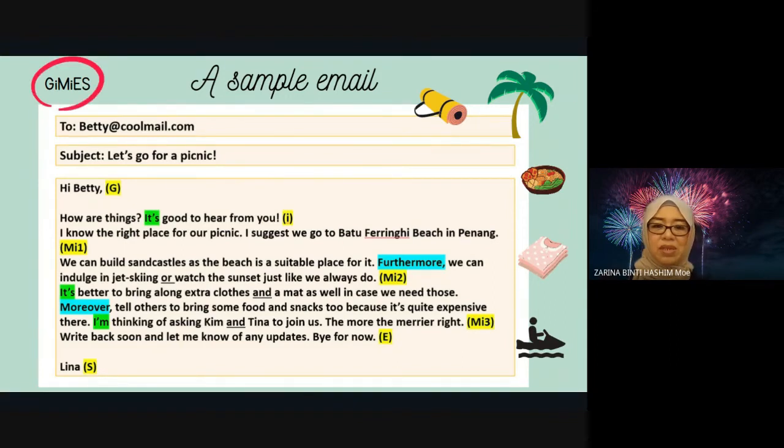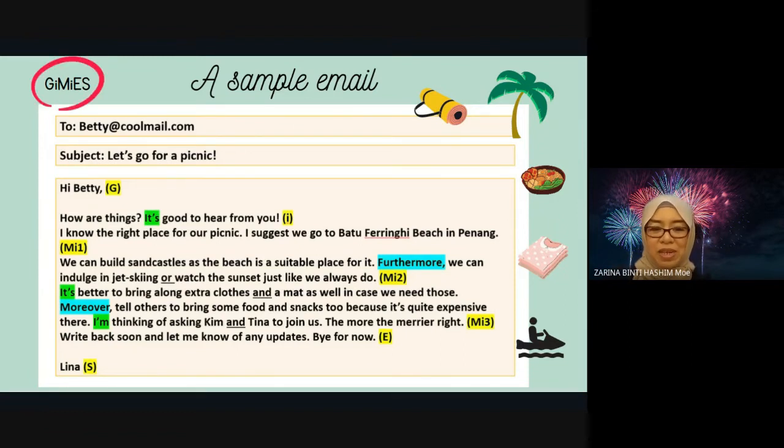It's boleh guna dalam email lah. So furthermore, cohesive device, we can indulge in jet skiing. Nampak? This is the second activity. Indulge in jet skiing. Or watch the sunset, just like we always do. Ataupun lagi satu activity, watch the sunset. So tengok dekat belakang ni cikgu tulis, just like we always do.